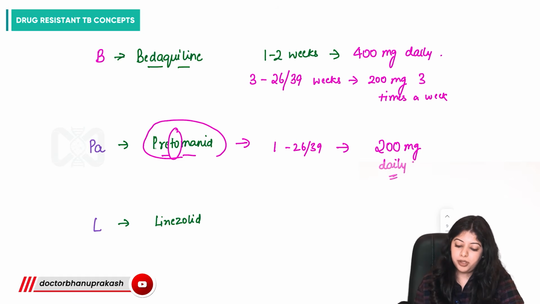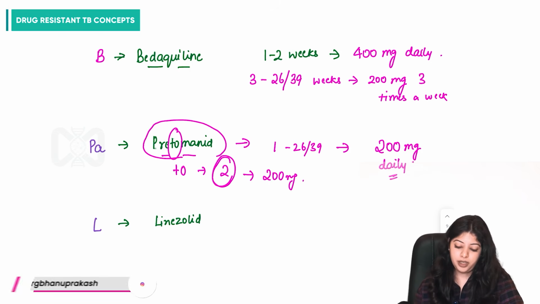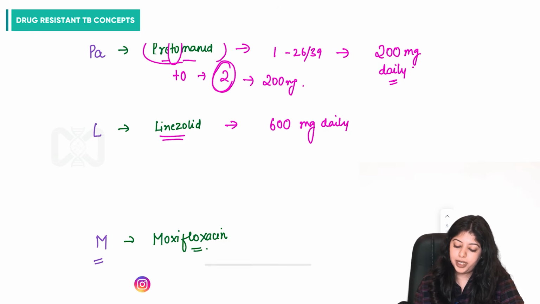And how do we remember that? 3-TO. TO stands for 2. So I have learnt it this way, that it is given as a dosage of 200 mg. Then comes linezolid. Most of us know it is given as a dose of 600 mg daily, and it is also the same week pattern, 1 to 26 or 39 weeks.